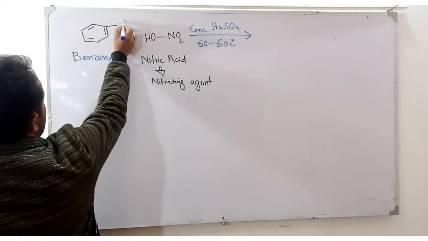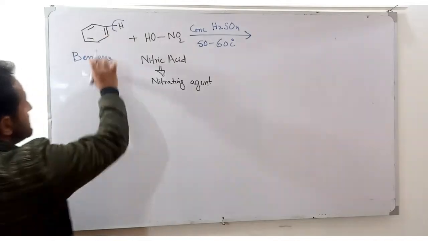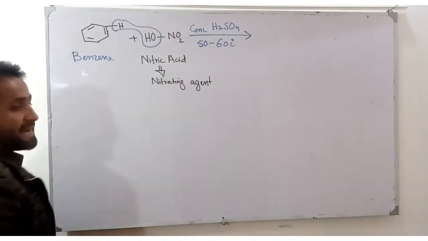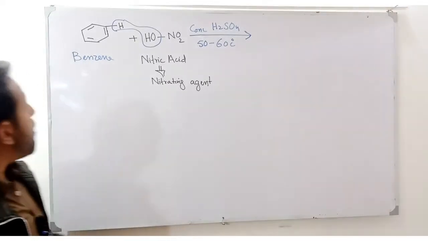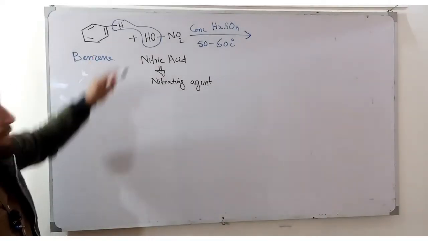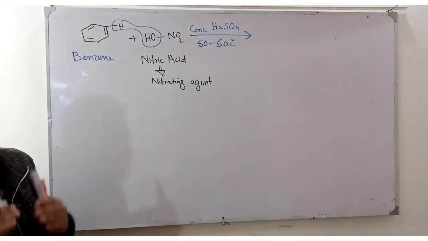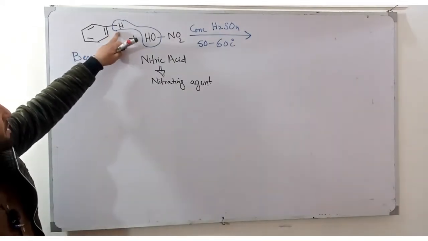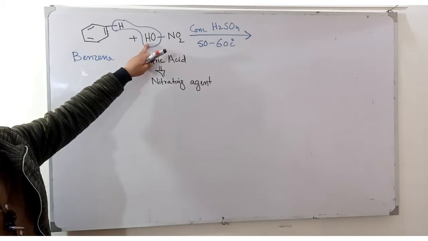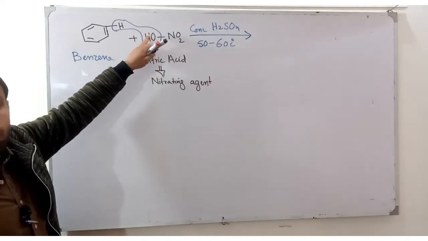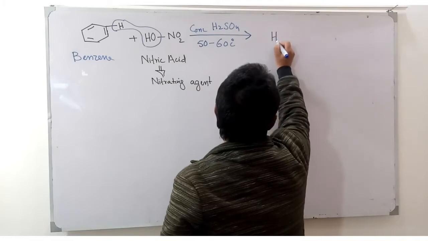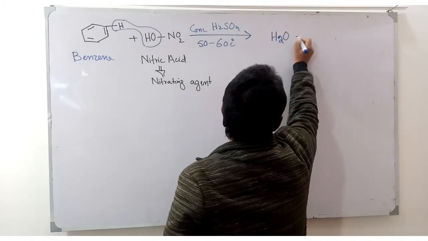The hydrogen part of the benzene molecule will react with the OH part of the nitric acid. So one compound formed here will be a water molecule, because one hydrogen will react with OH negative. This is the hydroxyl group. So one compound here will be the water molecule, H2O.